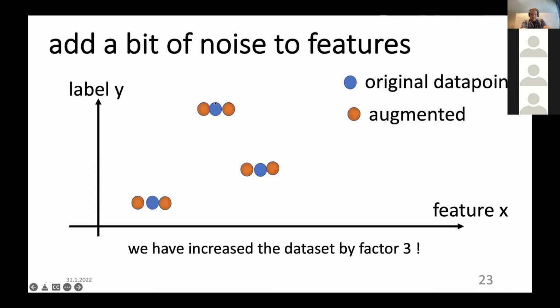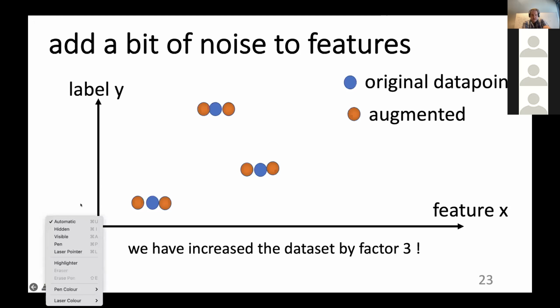And you can use this to augment your data. So you say, I don't use only the original data points, but I also use these slightly perturbed data points. We call these the augmented data points. And here in this example, just by adding a bit of perturbation to the feature values of the data points, we have increased the data set by a factor of 3.